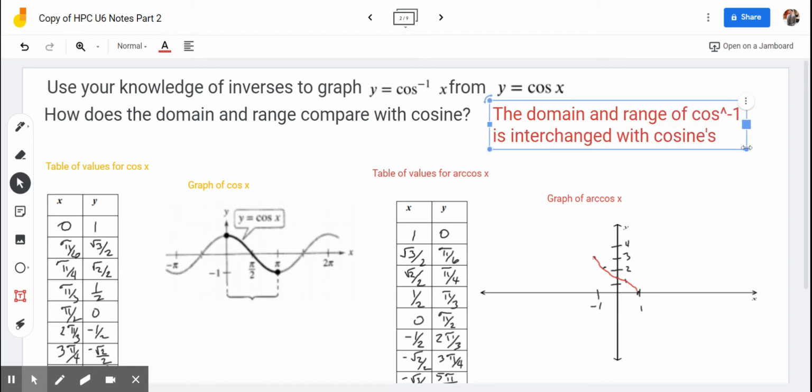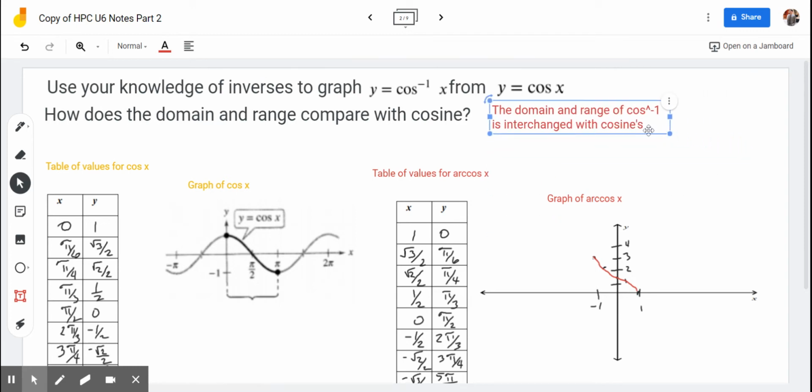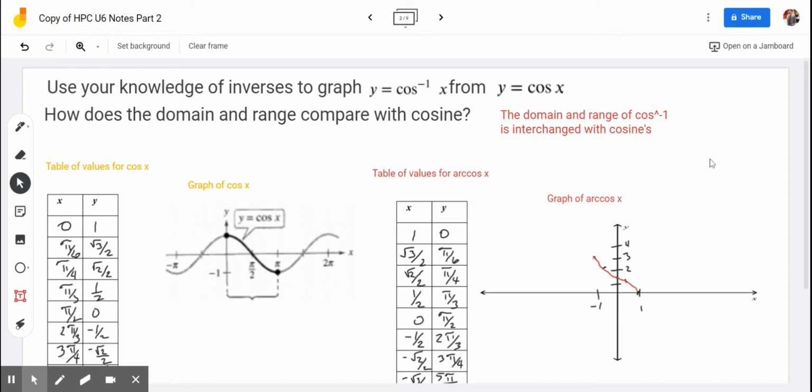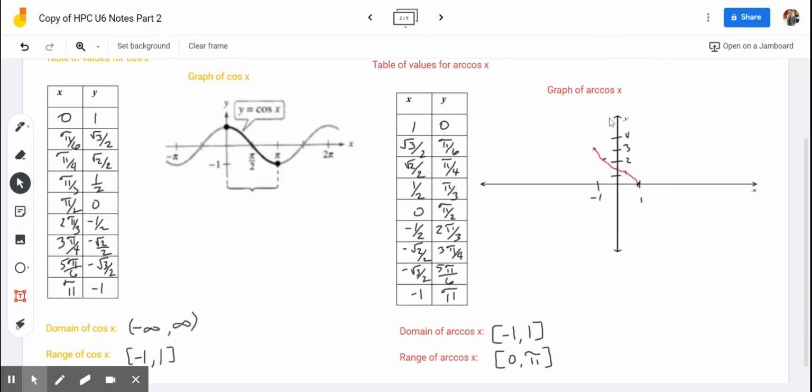So again, using our previous knowledge of inverse functions, we were able to graph the arc cosine or the cos inverse function.